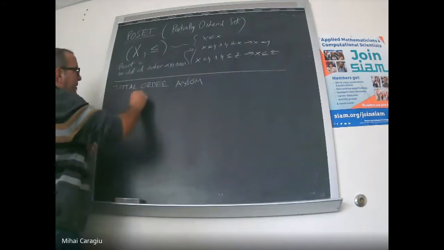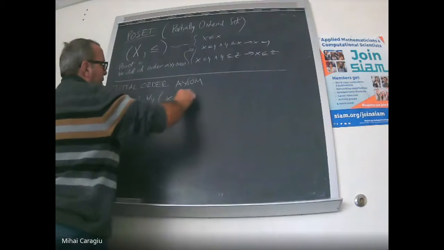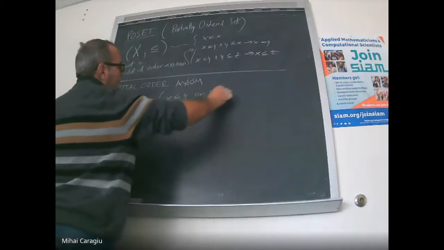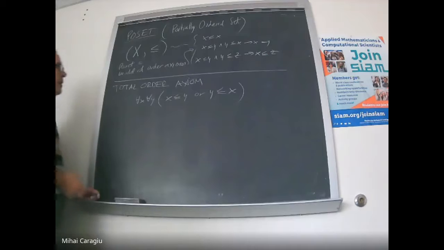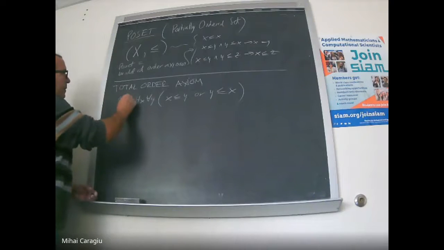For every x and every y, either x less than or equal to y or y less than or equal to x. Let's call this phi, the order axiom.